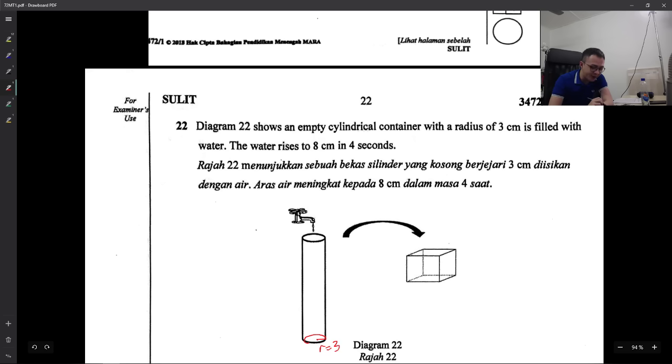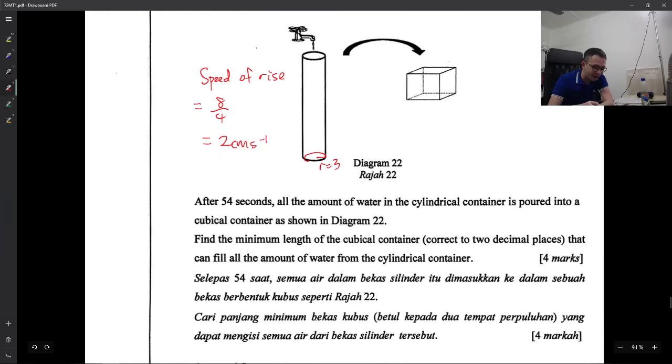The water rises 8 cm in 4 seconds. So I want to know the speed of rising. I will just use distance divided by time, which should be 2 cm per second. So the height is going to rise about 2 cm every second. Alright, this is the idea I have.